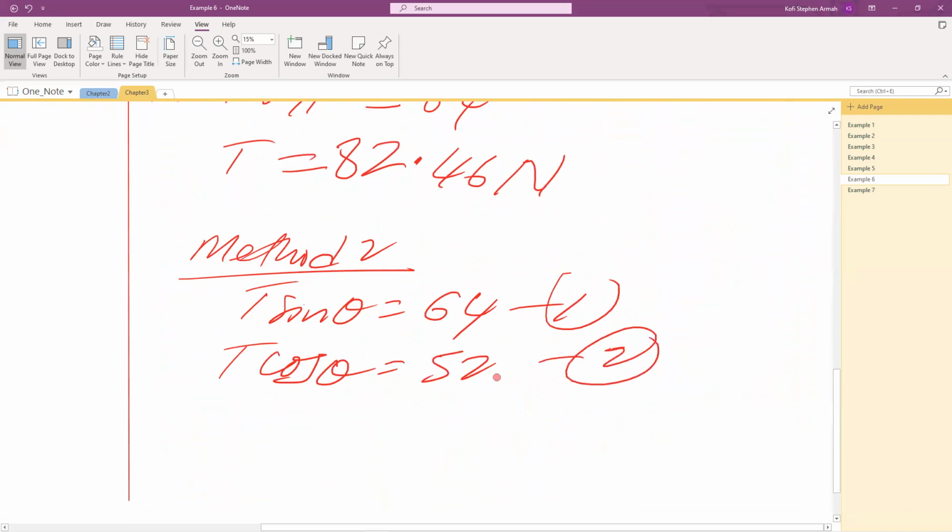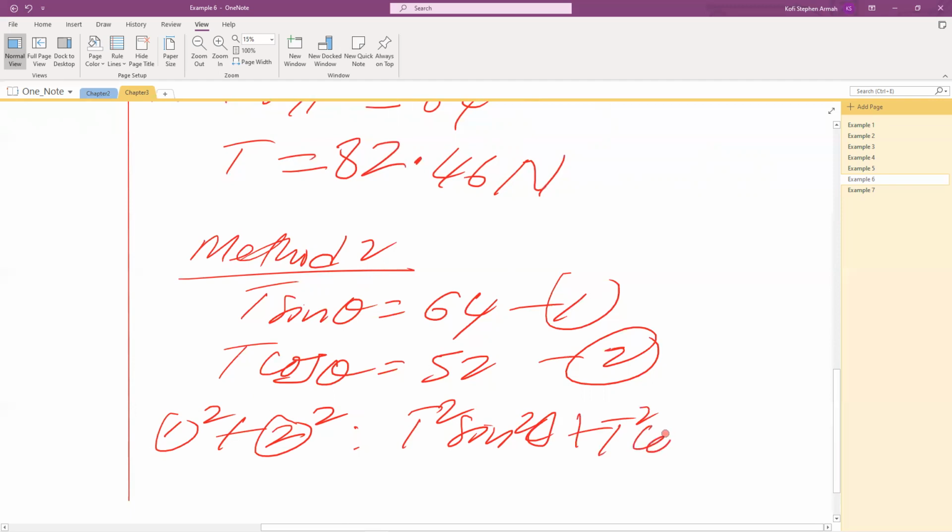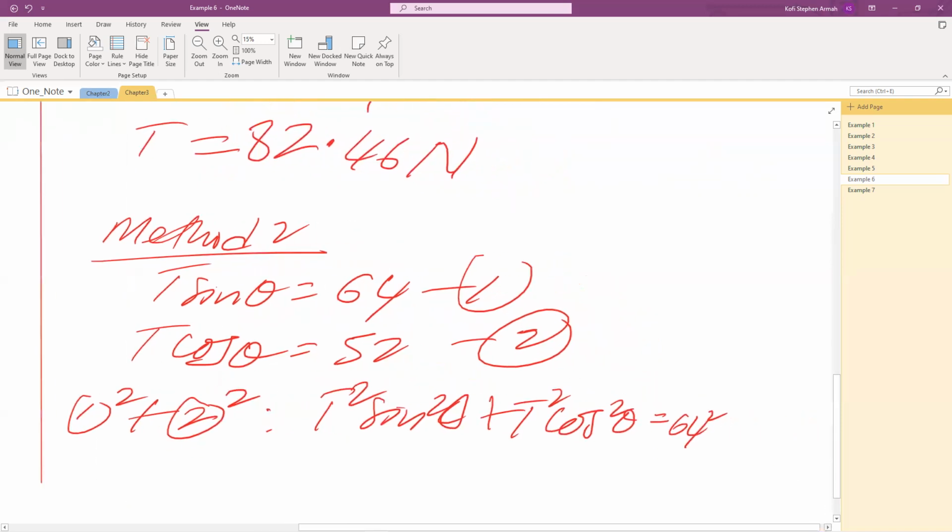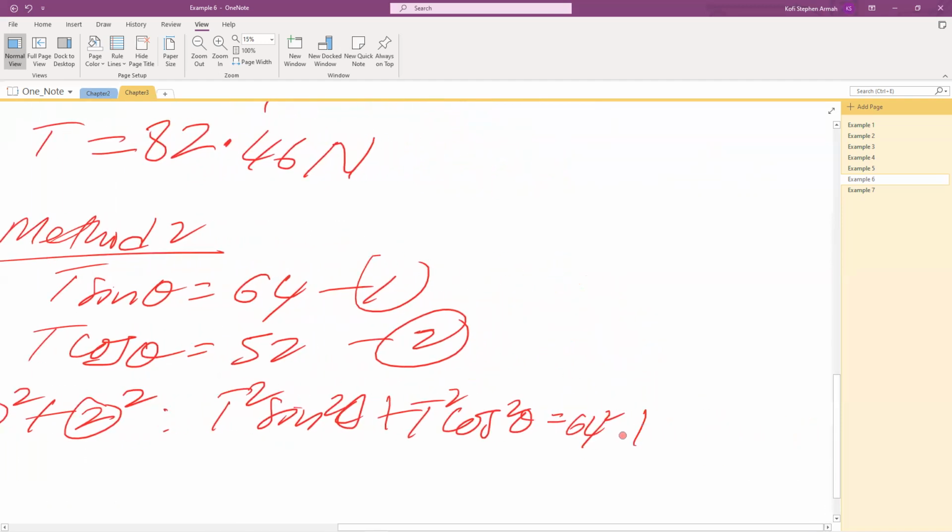You could also make use of sine square plus cos square equal to 1. So you do equation 1 square, add equation 2 square. You could have also done that. That will give us t square sine square theta plus t square cosine square theta. And this is equal to 64 square, whatever 64 square is, add 52 square, whatever it is.